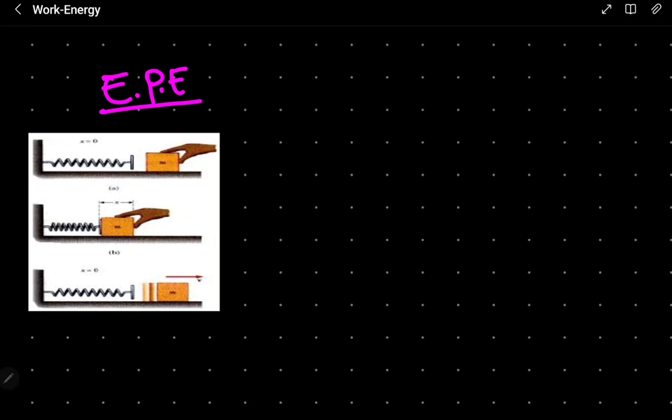The other form of energy is elastic potential energy, also called strain energy. Strain energy is a kind of energy stored by elastic materials. Consider a spring in its free position here. Where there is no force acting on the spring, it remains here.